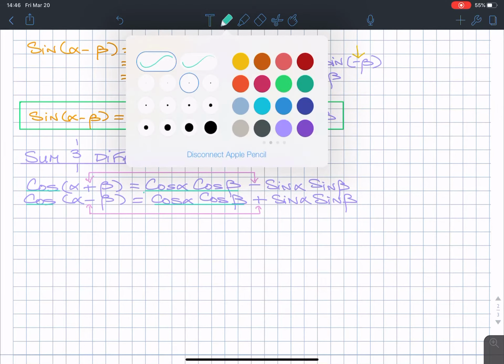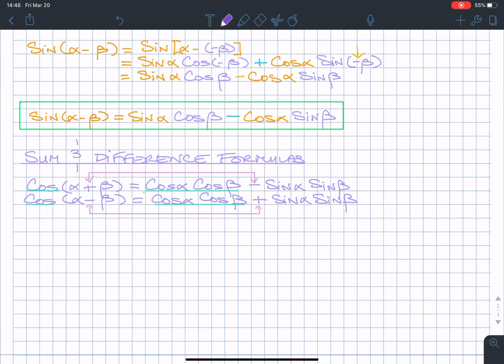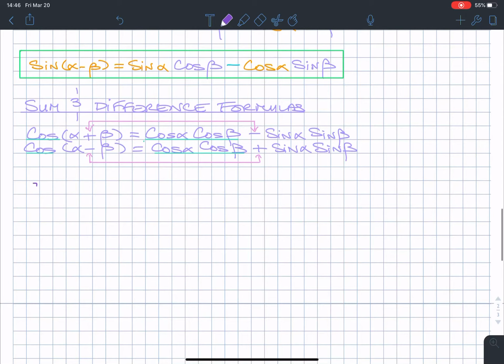Well, what does sine do? Okay, let's look at sine of alpha plus beta. Well, that's going to be sine alpha cosine beta plus cosine alpha sine beta.